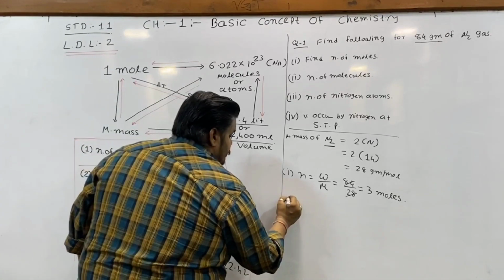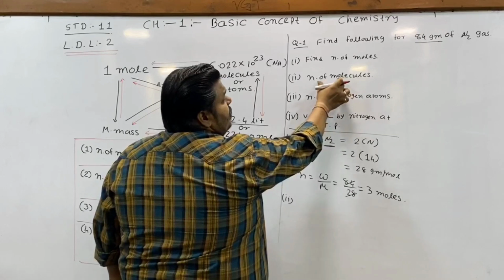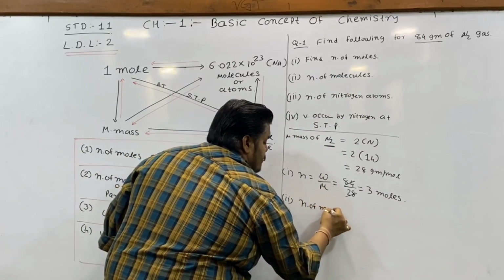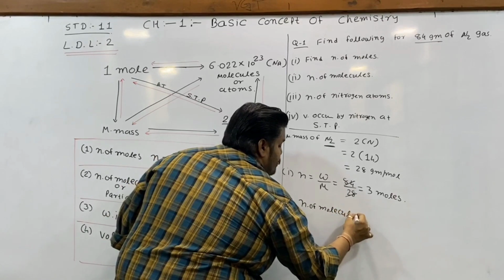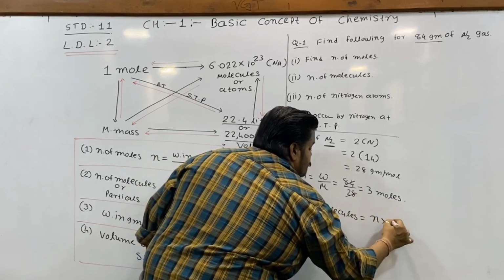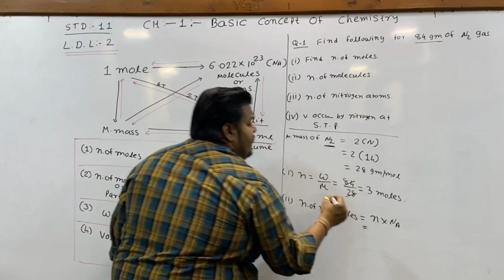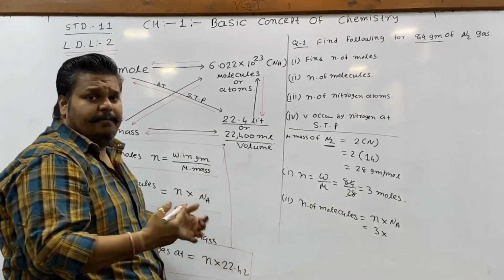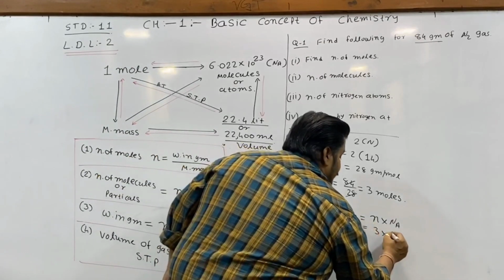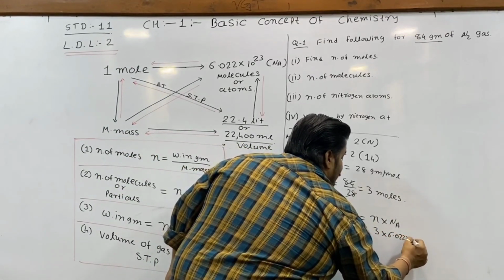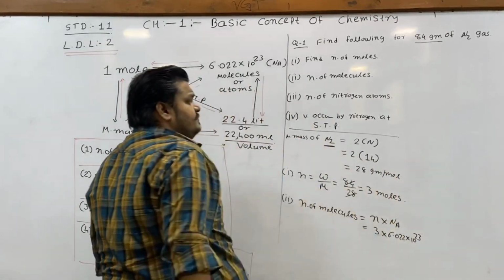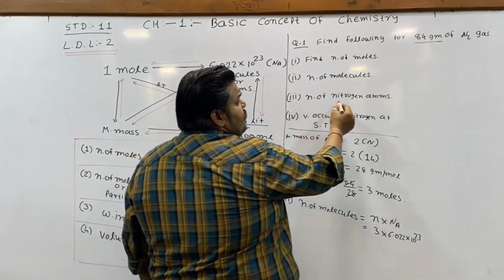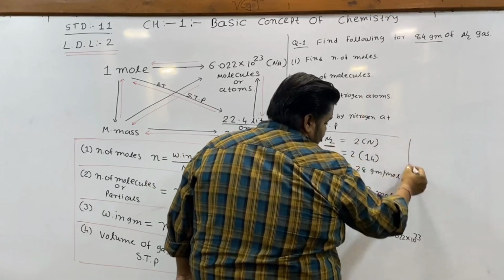The next question is the calculation of the number of molecules. We have a formula to calculate the number of molecules. Number of molecules is equal to N into Na. You all know that. N is 3 moles, and Na means Avogadro's number, which is 6.022 into 10 raised to 23. The next is the number of nitrogen atoms.